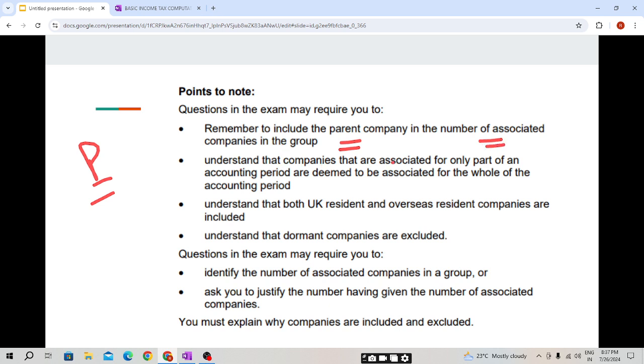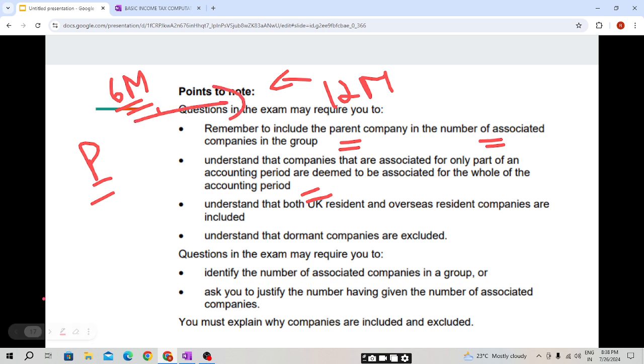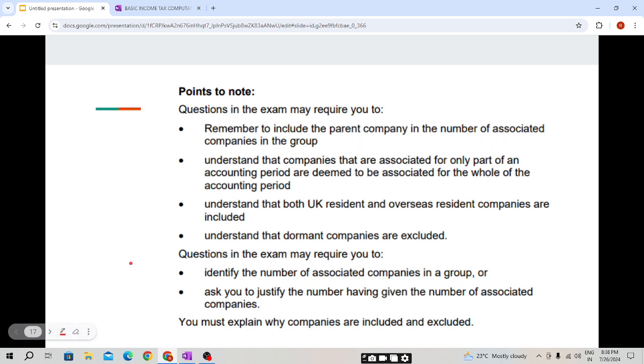Understand that companies that are associated for only part of an accounting period are deemed to be associated for the whole of the accounting period. If our accounting period is for 12 months, it will be for 12 months. And if a company was controlled for only 6 months, then this company will be assumed as an associated company for the whole 12 months accounting period.